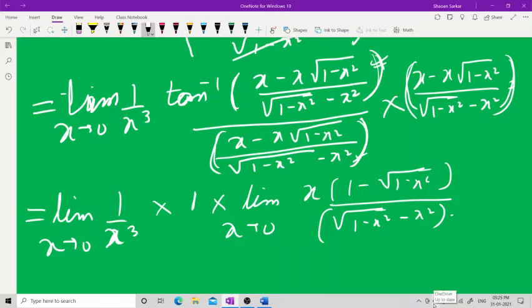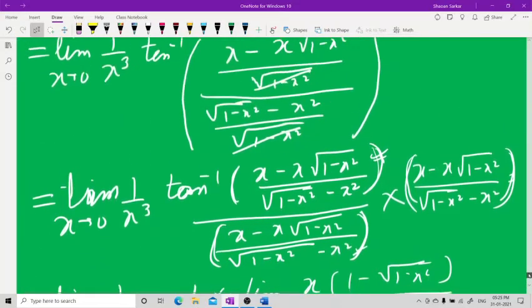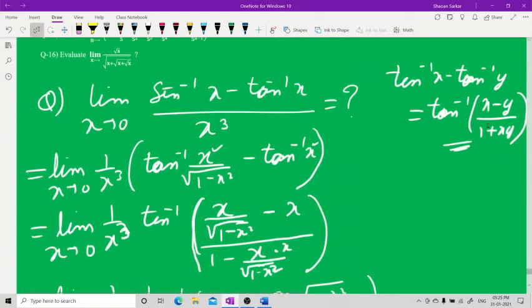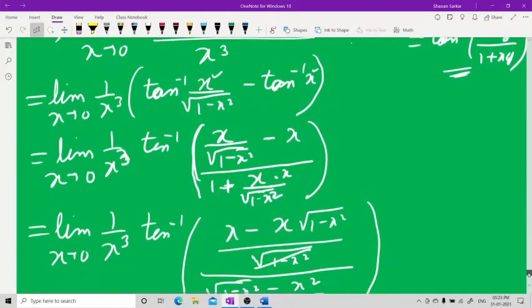I think I made a small mistake while doing the calculation. I made a mistake. See, it is plus here, and by mistake I wrote minus here. This has to be plus. Let's correct all this. This is plus here. Now let's correct this here. Bring it a little down.